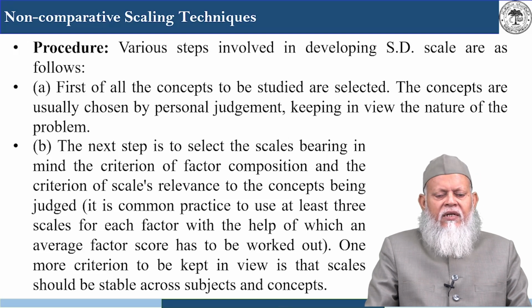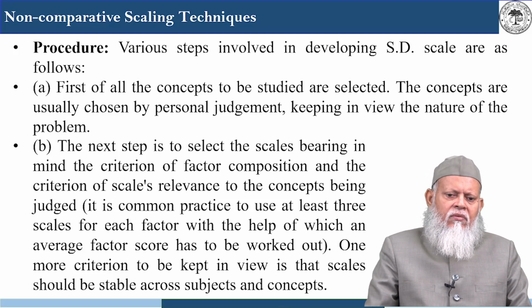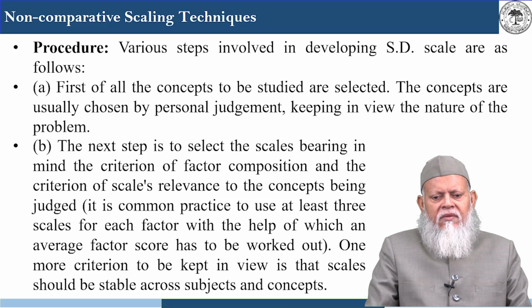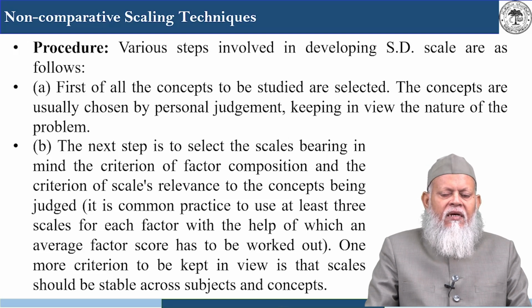So we can choose between 3 to any, but the choice should be limited, because then the data would become very difficult to handle. One more criterion should be kept in view, that a scale should be stable across the subjects and concepts.